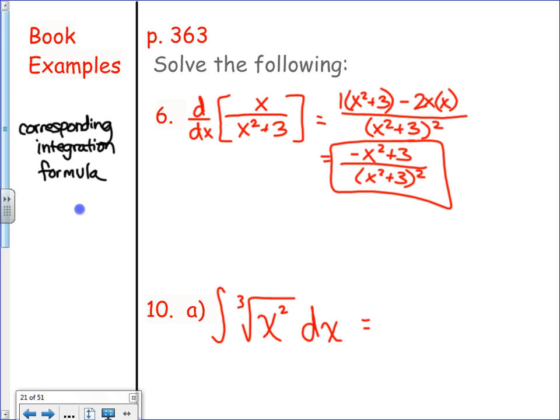Go back to the answer that they already used. Negative 1 over x. Use the answer. The integral of the answer must take you back to the original.